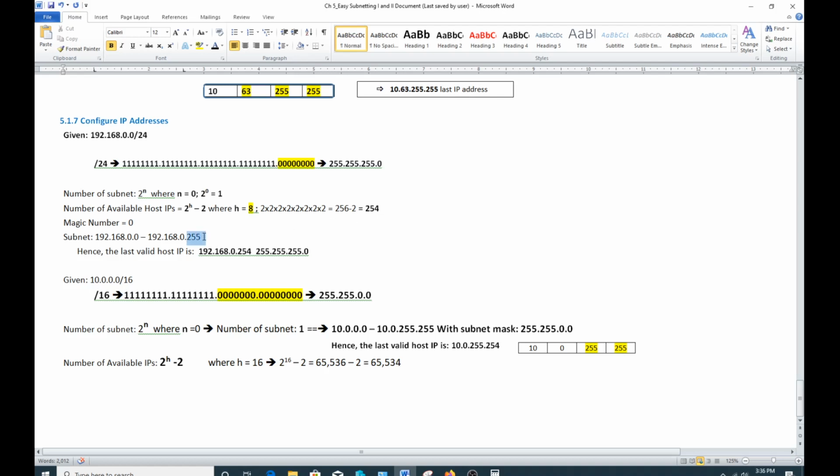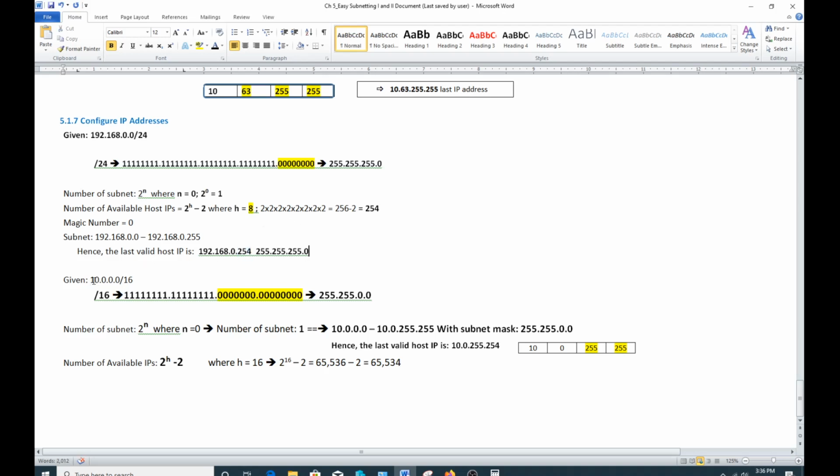This is the last IP address of the network. However, the last available IP address that we can assign to a host or a network device is 254, because this address is reserved for the broadcast ID. So the next lower IP address is the last one available for us to use, which is 254.